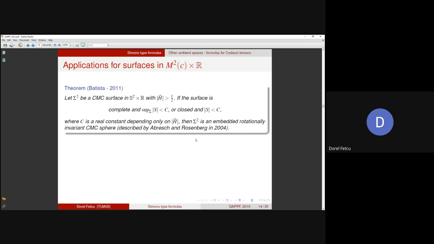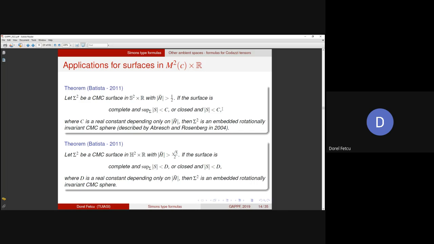So if sigma is a CMC surface in S2 cross R with the mean curvature greater than 1/2 and satisfying one of these two sets of conditions, so either it is complete and the supremum of the norm of S is less than C, or closed and the norm of S is less than C, where C is a real constant depending only on the mean curvature, then sigma is an embedded rotationally invariant CMC sphere, one of the four surfaces described by Abresch and Rosenberg in their paper from 2004.